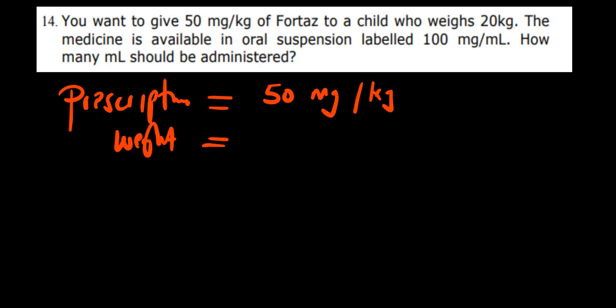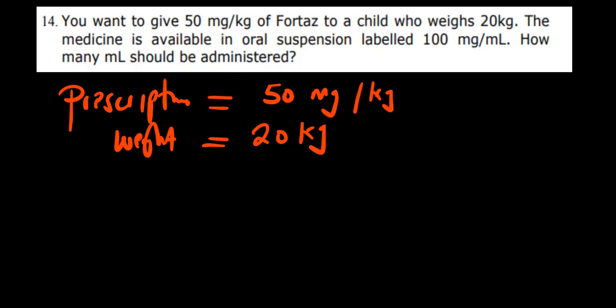We're told this child weighs 20 kg. So for us to find the total daily dosage, this is 20 kg and we want to find the dosage in terms of milligrams.